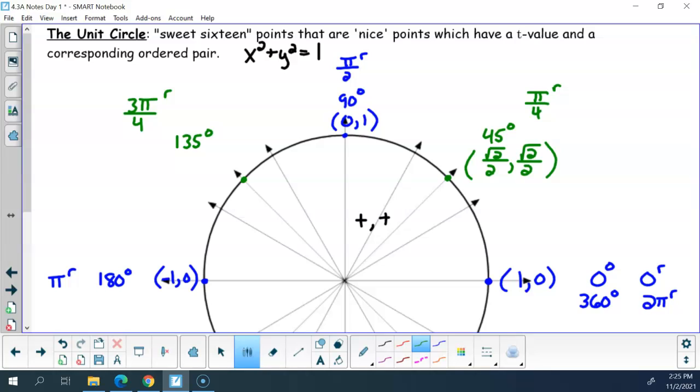Which one's going to be negative? The x. What about the y? Positive, yep. Because all of the coordinates in quadrant 2 are negative, comma, positive.